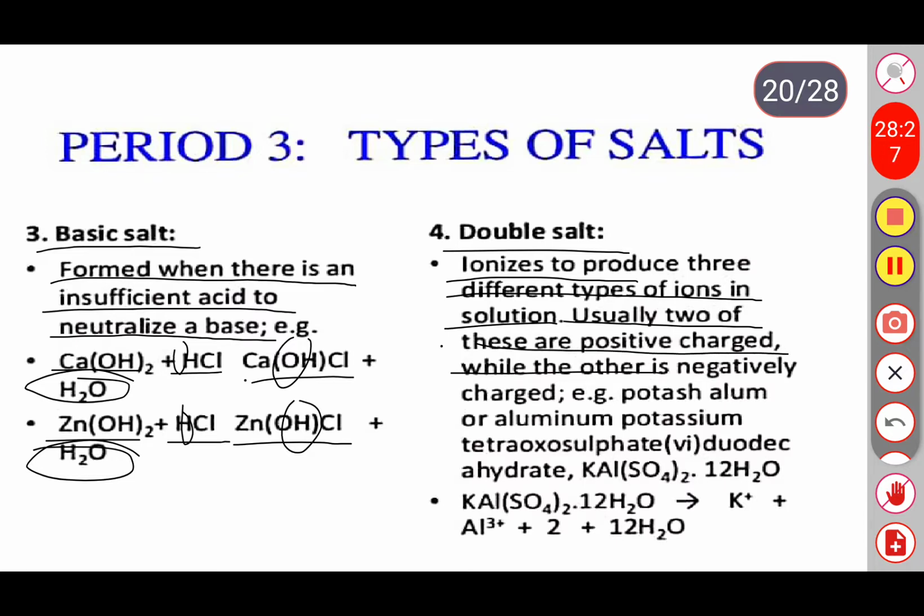Example, potash alum or aluminium potassium tetraoxosulfate decahydrate. So this is the formula of the compound potash alum, or aluminium potassium tetraoxosulfate decahydrate.